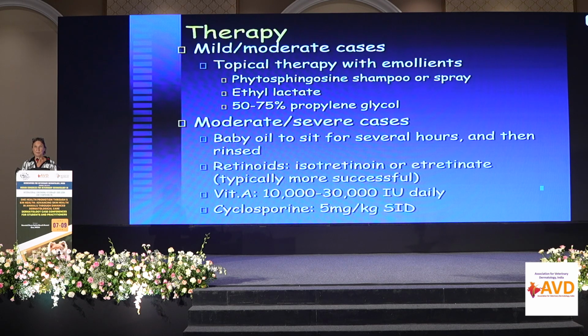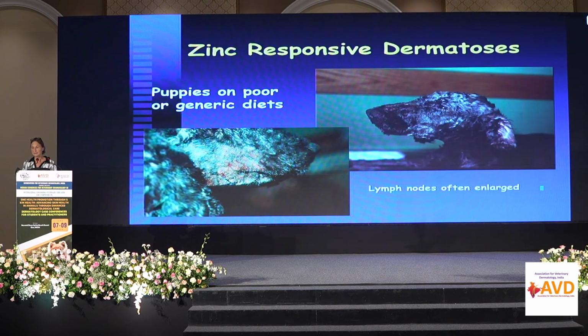Some people have done baby oil or propylene glycol, but basically humectants and emollients, trying to restore some moisture on the skin. Systemically, most people use cyclosporin, particularly effective in the acute phase where you have the inflammation. Once the sebaceous glands are gone, cyclosporin typically is not that effective.